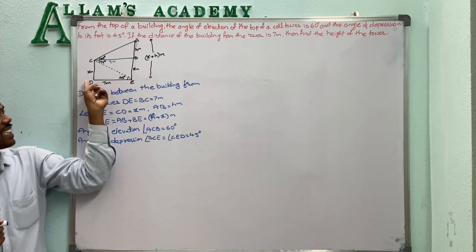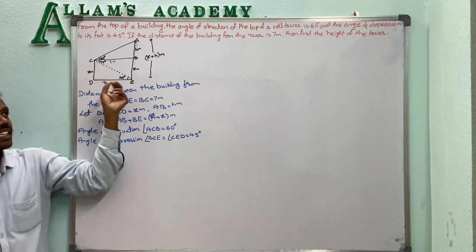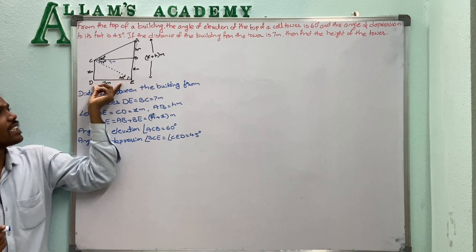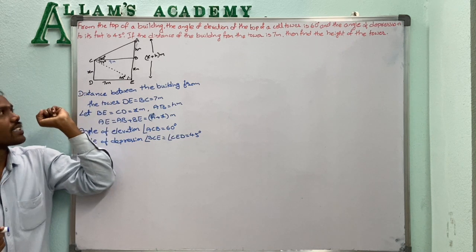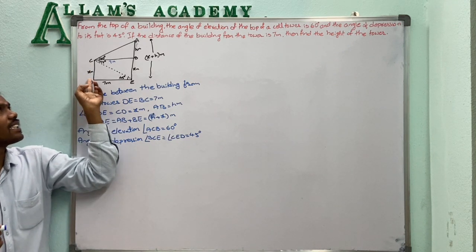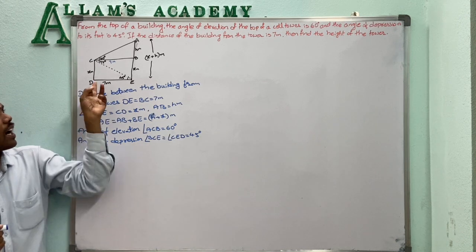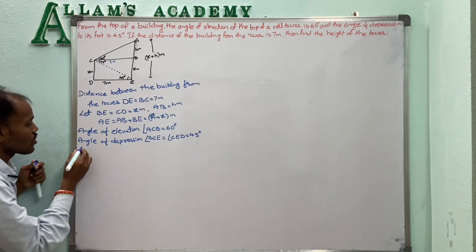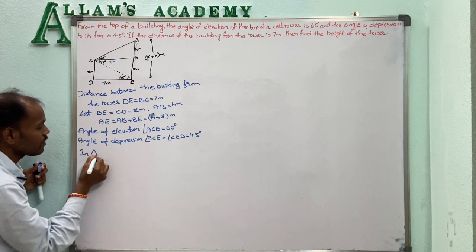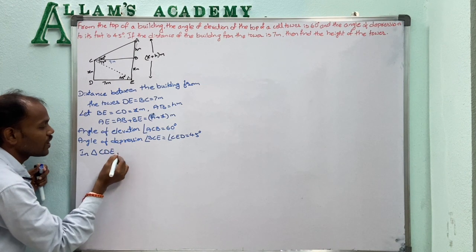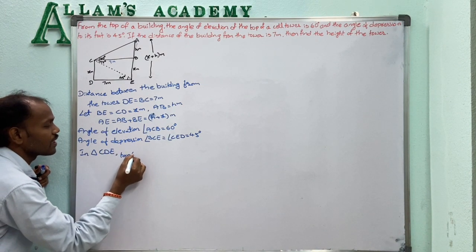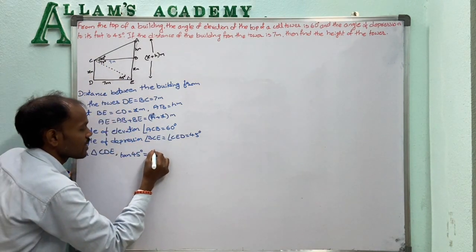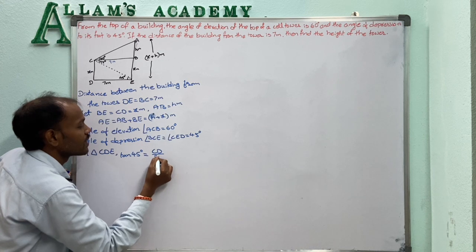So in triangle CDE, the 45 degrees angle is known, and here DE is the side adjacent to the 45 degrees and CD is the opposite side. Adjacent side and opposite side means we can use tan theta. So in triangle CDE, if we apply the trigonometric ratio, tan 45 degrees equals opposite side by adjacent side, so CD by DE.